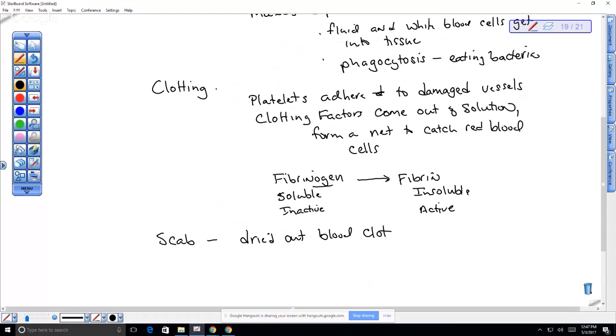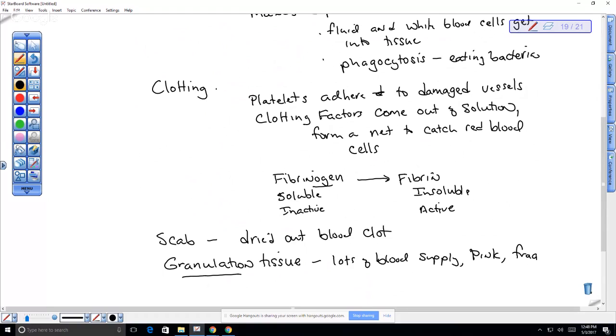Okay. So as your tissue underneath heals, it forms what is called granulation tissue. So granulation tissue is very vascular, so it has lots of blood supply. It is pink, and it is fragile relative to normal tissue, right?